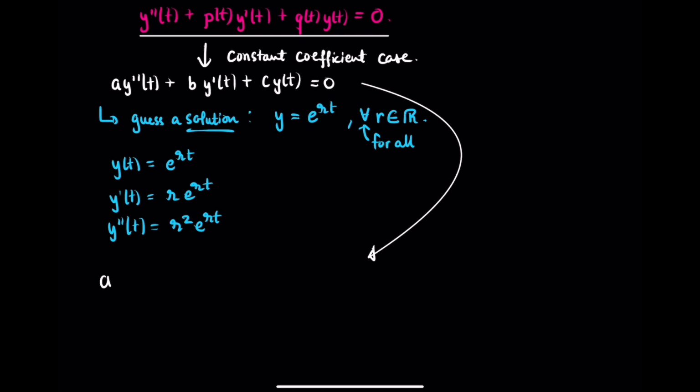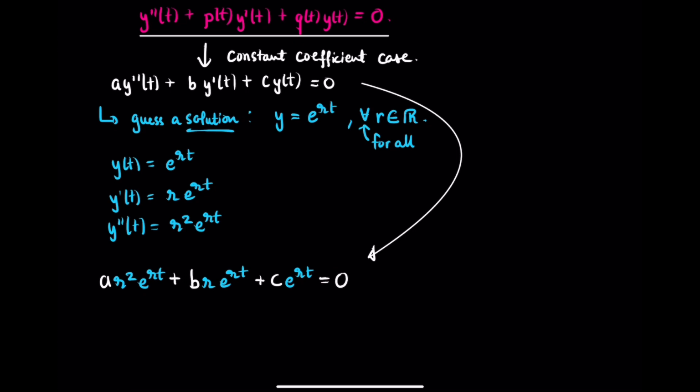We have a times y double prime, and then we have b times y prime t, and then we have c times y(t), and this equals 0.